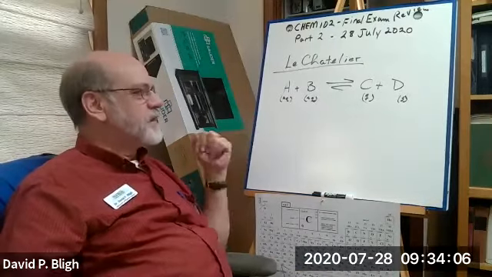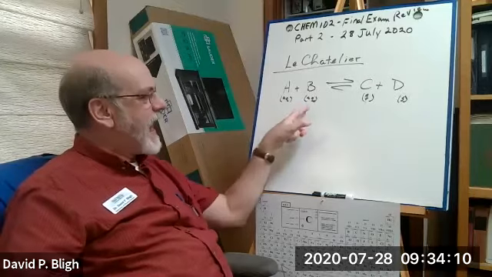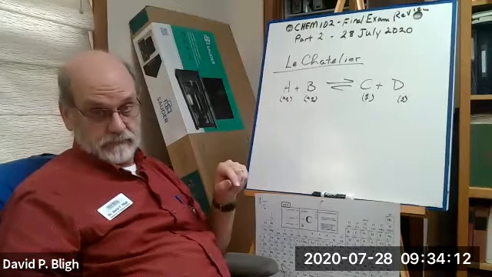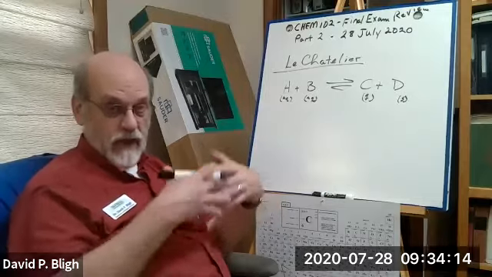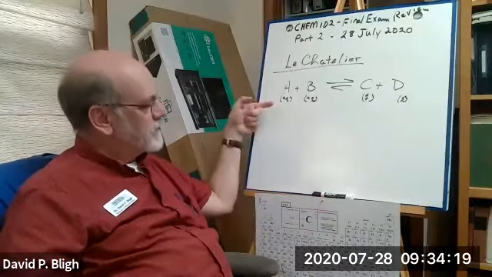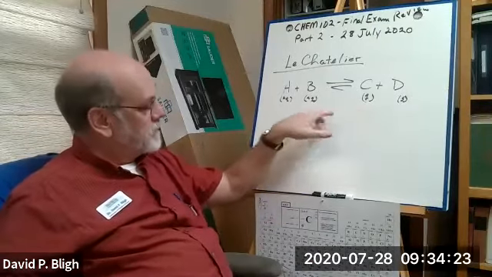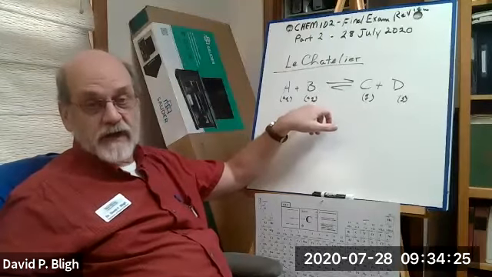So let's say, what's going to happen if we add some B? How will the system react? Add some B, you shift that way. Why? Because this increases the concentration.